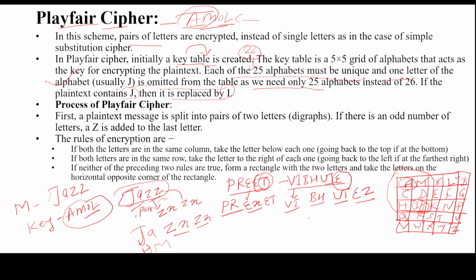Now what about ZX? Where is the Z? Z is here at the last and X is here. So if two letters are in the same row, these two letters X and Z are in the same row, the rule is saying that take the letter to the right of each one, going back to the left if at the farthest right.